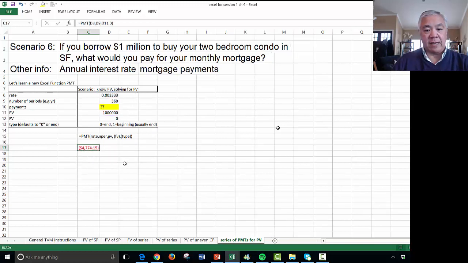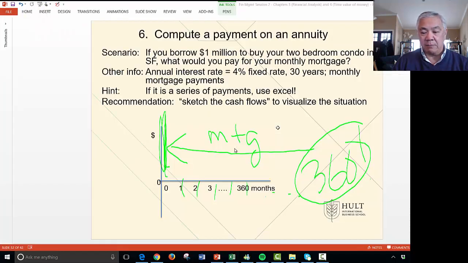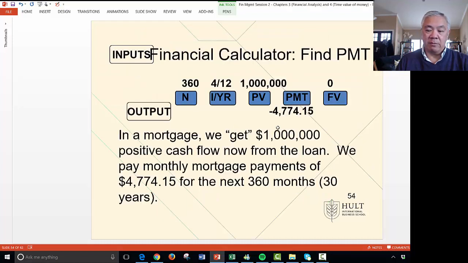The answer is 4,774. So what this means is in order to get a mortgage of $1 million at a rate of interest of 4% over 30 years, the monthly payment will be 4,774 per month. And that's how we calculate that. So that one is obviously a very, very commonly used time value of money formula.